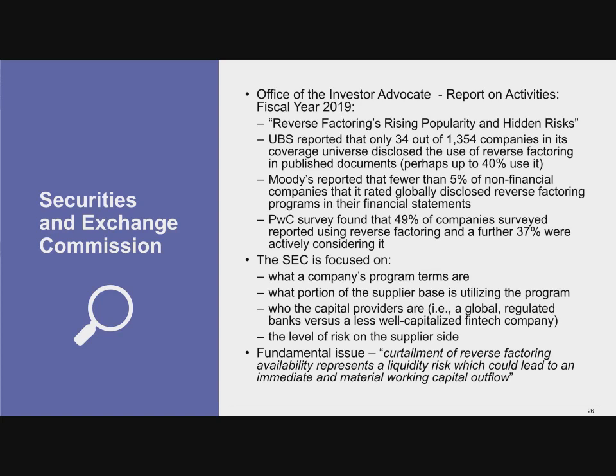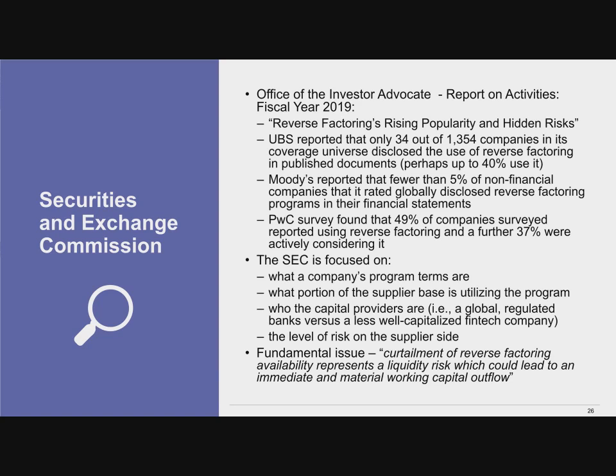Now, not to be outdone, the Securities and Exchange Commission also has been looking at this. And every year, the Office of the Investor Advocate prepares a report on its activities during each fiscal year. The report that was produced at the end of 2019 had a paragraph or two, in fact most of a page, devoted to, I quote, "reverse factoring's rising popularity and hidden risks."